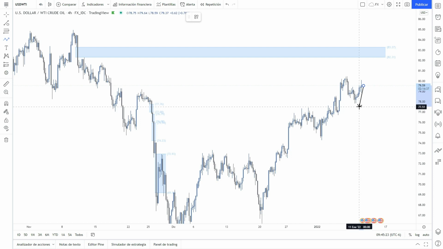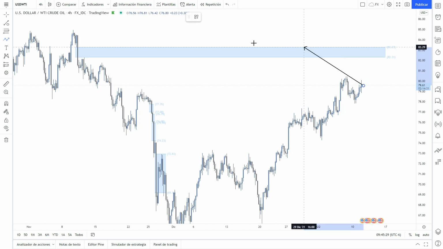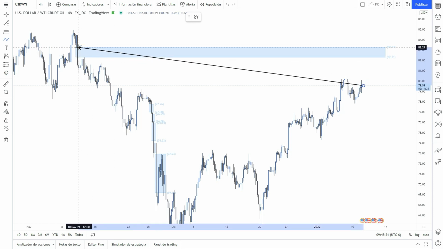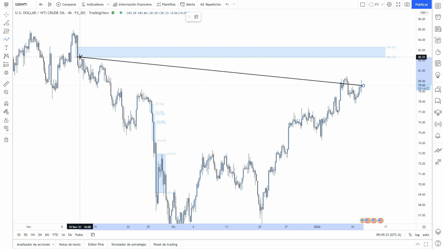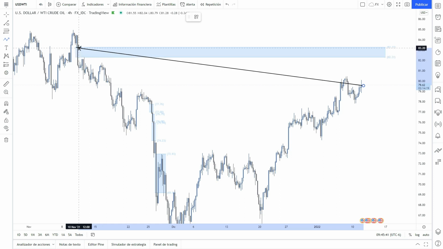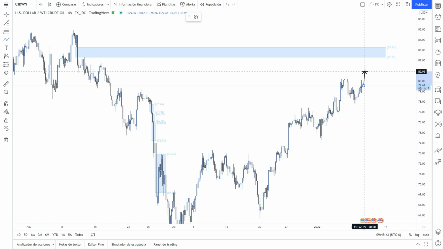If we have a buy opportunity, we can still target this level because we know that here are positions that need to be filled. This gap must be filled. So we can expect the price to hit this target. That's how we're going to use inefficiencies.